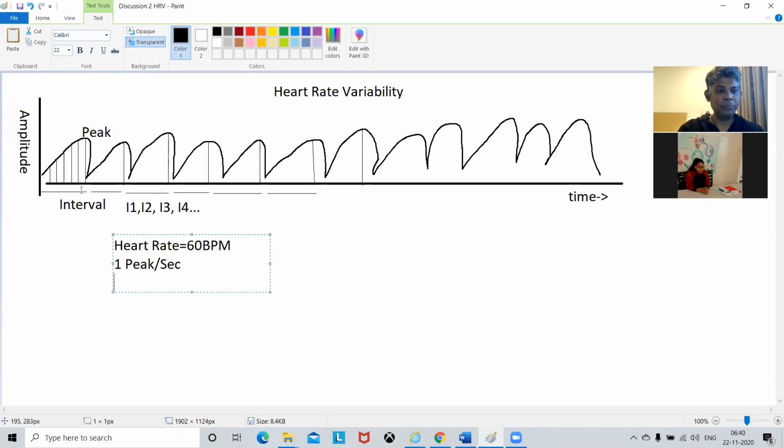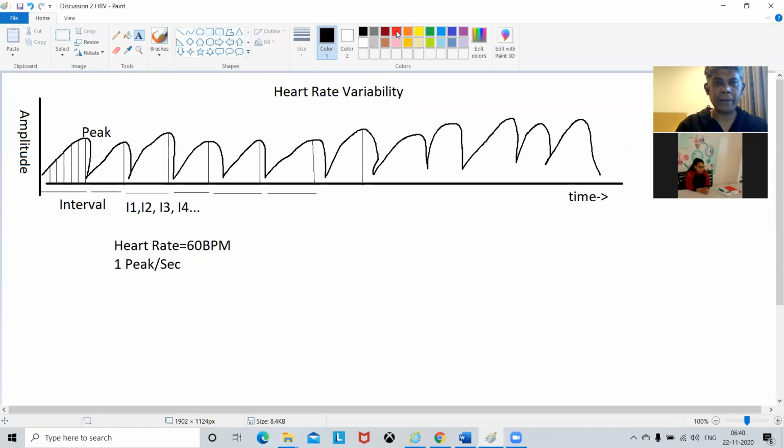So let's say this peak is appearing at a certain interval, and the next peak appears after another interval, and so on. What we do is we calculate the time difference between these two peaks.